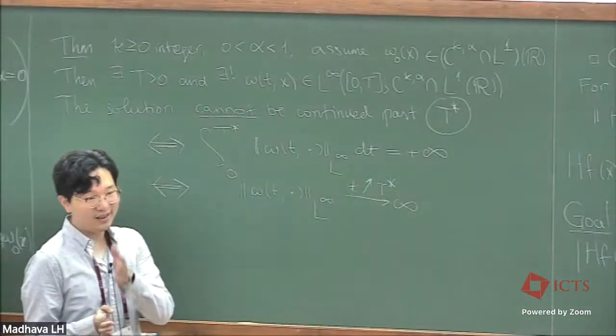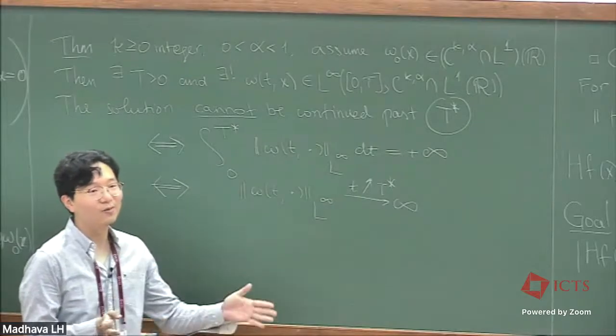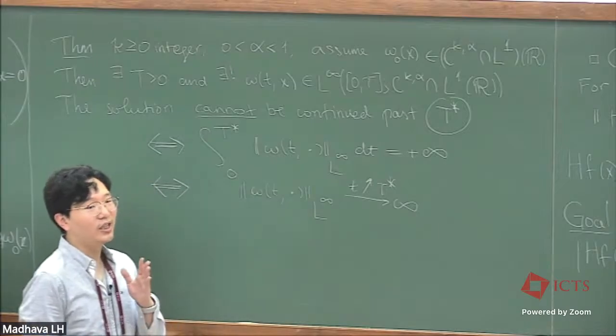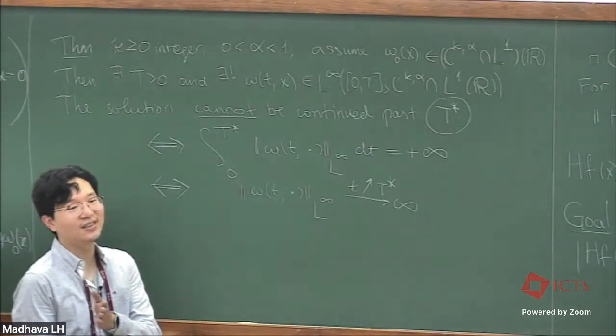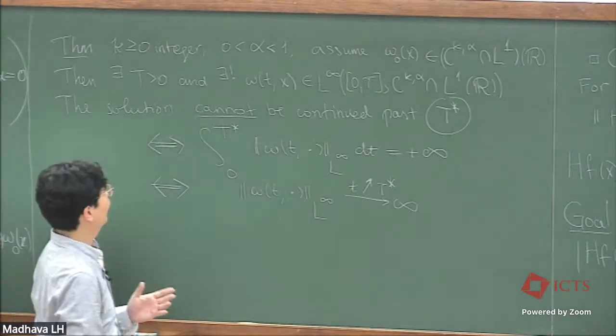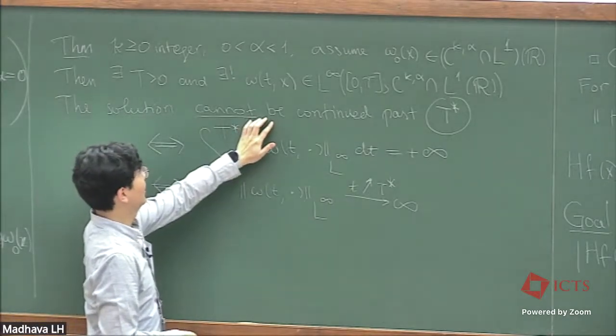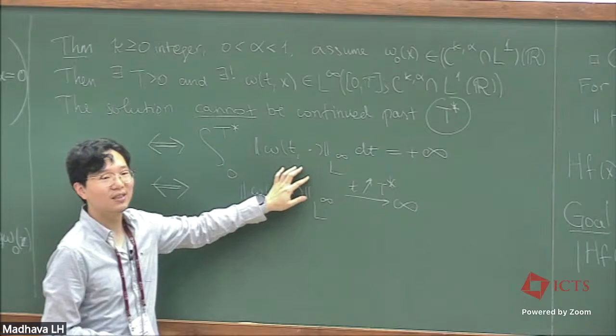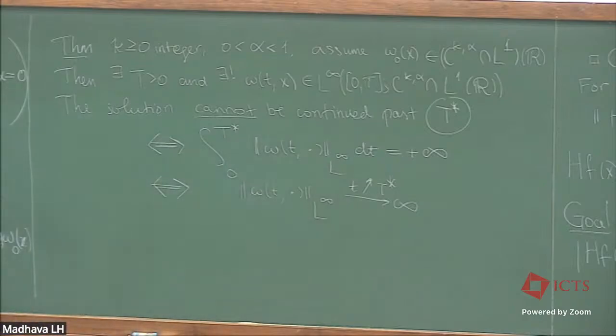It means that assume there exists some T star such that for any capital T less than T star, we have a solution. The question is whether we can have a solution after T star. The statement is that it is impossible if and only if this at infinity becomes infinite. Okay? Any questions?